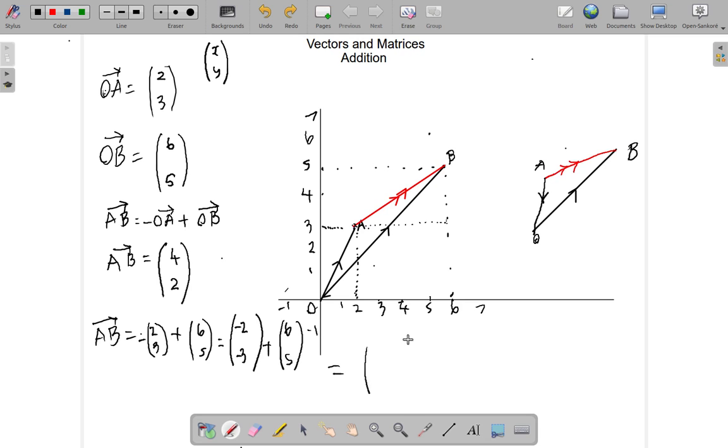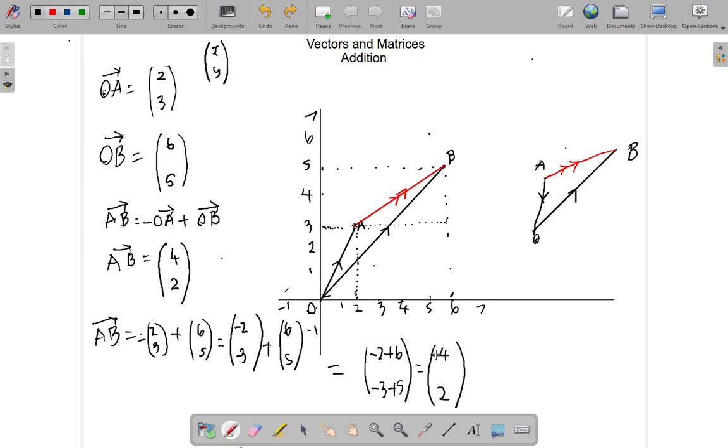Let's continue here. Now when I put these numbers together, it's going to be negative 2 plus 6 to give me my new x. My new y will be negative 3 plus 5. Negative 2 plus 6 is 4. Negative 3 plus 5 is 2.